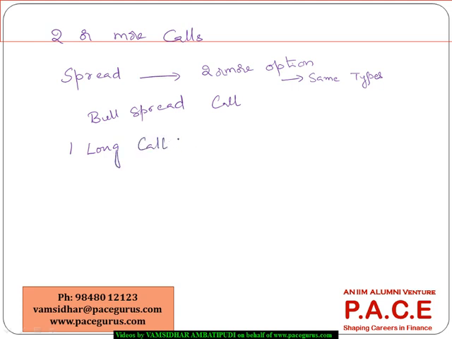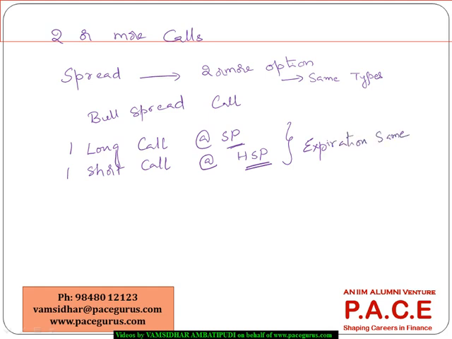We talk about one long call at some strike price, but one short call at the higher strike price. Whatever strike price I am buying, the long call is at a lower strike price. The short call is at a higher strike price, and both of them will have the same expiration date. So those are typically classified as bull call strategies.